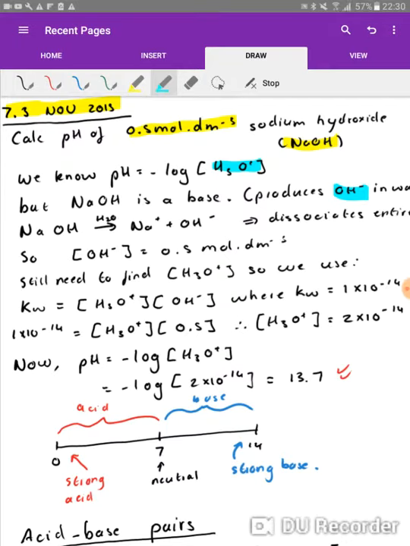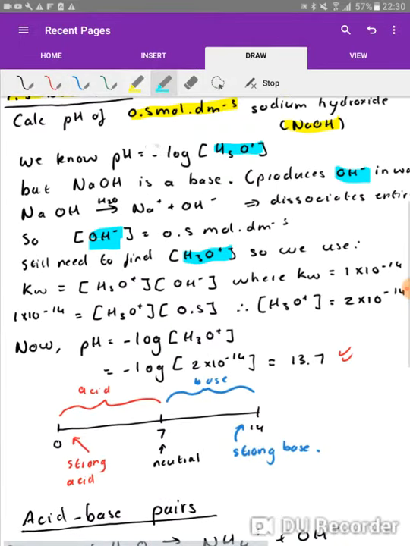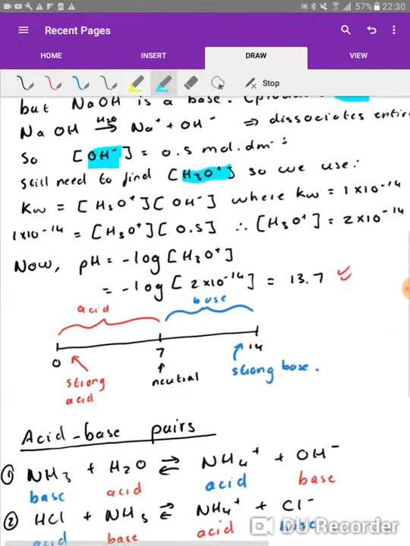We know it's a strong base, so it dissociates entirely into its ions. So the concentration of OH minus hydroxide ions is 0.5 mole per dm cubed. We still need to find the concentration of the hydronium ions to use the formula.